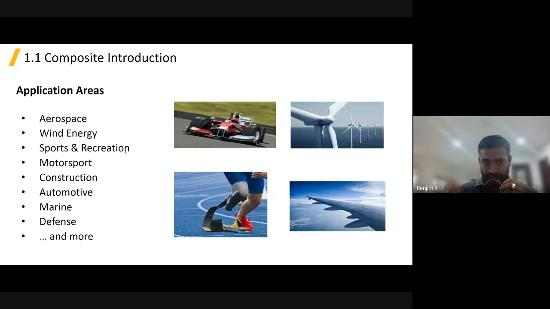It is also applied in wind energy, sports and recreation, motorsport, construction, automotive, marine, defense, and many more areas. Researchers are finding out how we can use these composite materials. Even in the medical industry, a lot of composites are used nowadays.